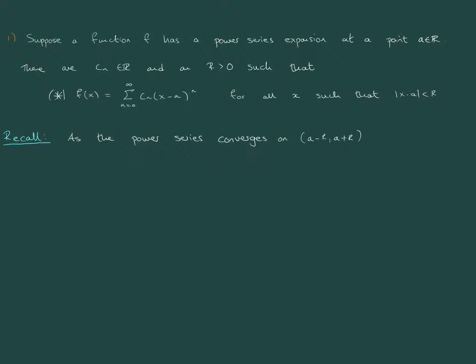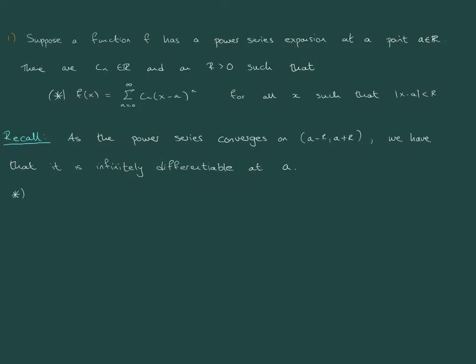All we need for the moment is that it does converge. We have that it is infinitely differentiable, as in we can differentiate as many times as we want at a.